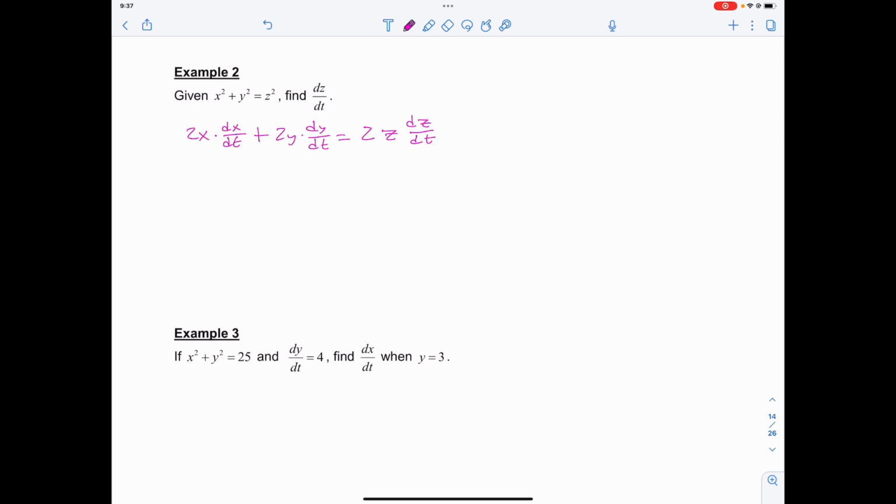At this point, I'm going to simplify. Well, I can start by dividing every single term by 2 and canceling out the 2's. And because I'm trying to get that differentiation of z over time, I'm going to divide both sides of the equation by z.